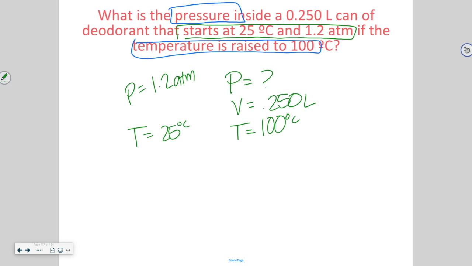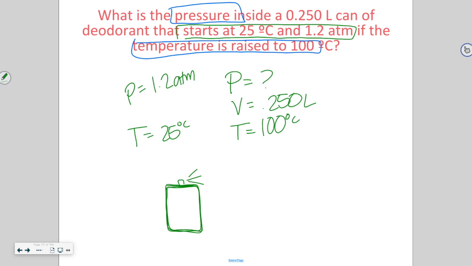Well, let's think about this. If you look at it, it's a can. So we have a spray can of deodorant. Here's our spray can. There's a little knob at the top. As I spray this, does the amount of space that this can takes up change? Because that's what volume is. Volume tells us how much space this can takes up. No, that can is forever the same size.